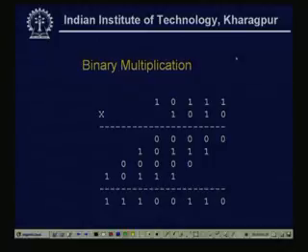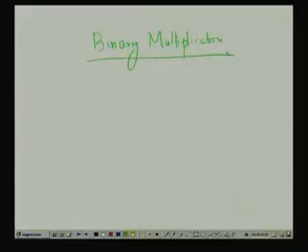So what are the basic rules? For binary multiplication, 0 into 0 is defined as 0.